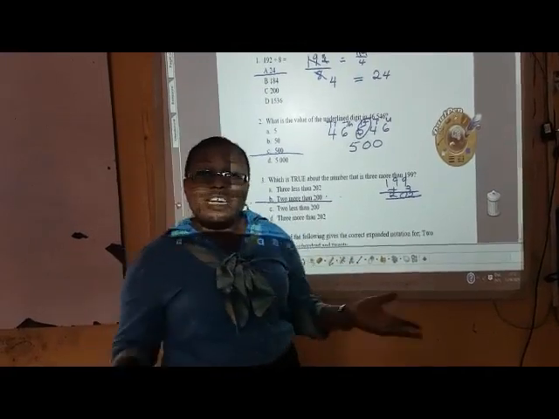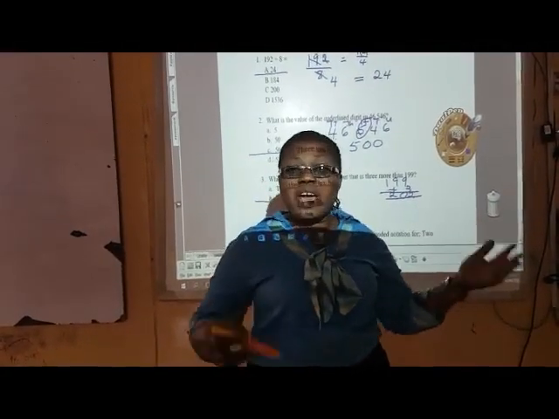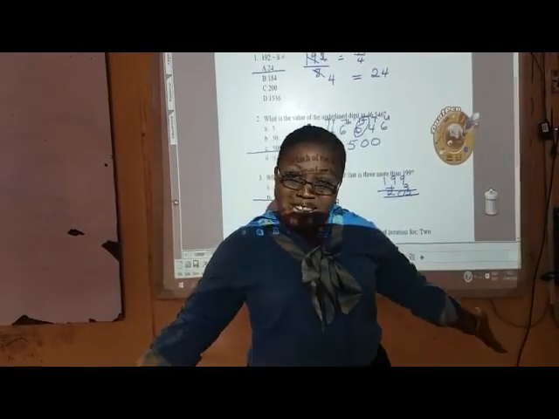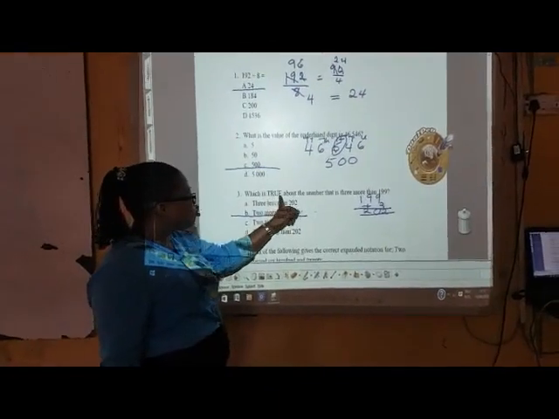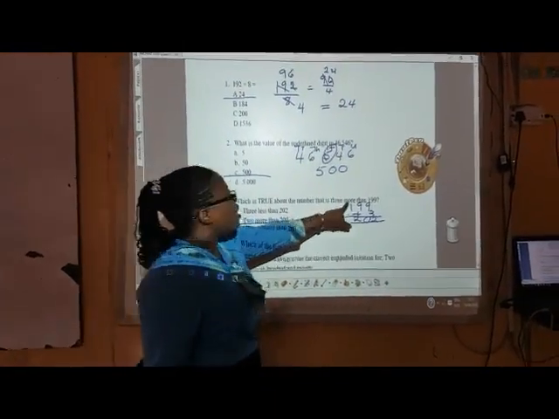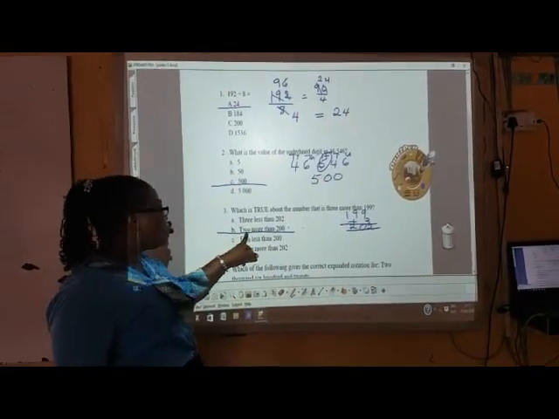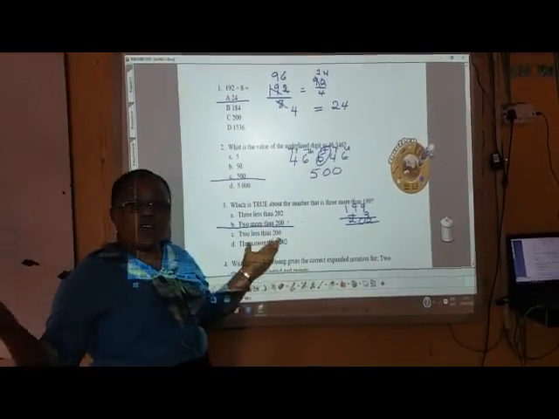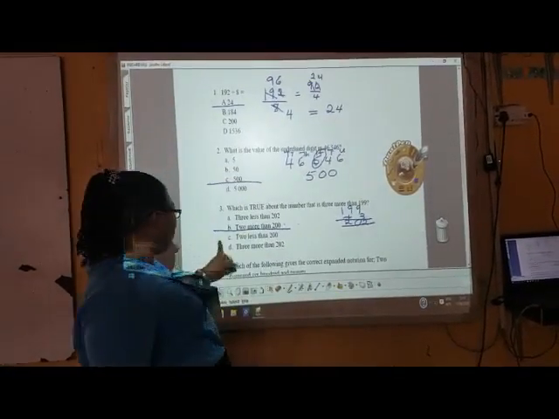When you say 3 more than 202, that means you add 3 to 202, and we have 205. The statement is not true. So the only statement that is true with 3 more than 199 is B, that is 2 more than 200. That is it about that question.